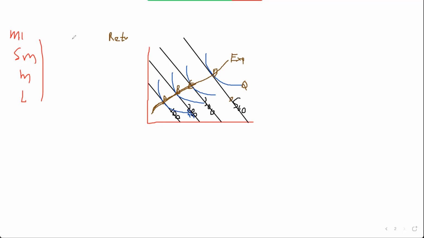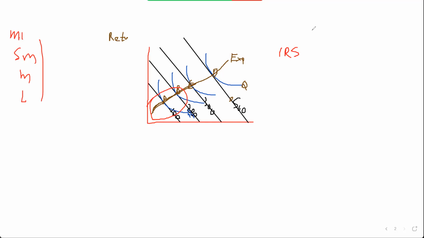When you look at the returns to scale, at the early stage, when they expand, the firm gets increasing returns to scale. What does that mean?